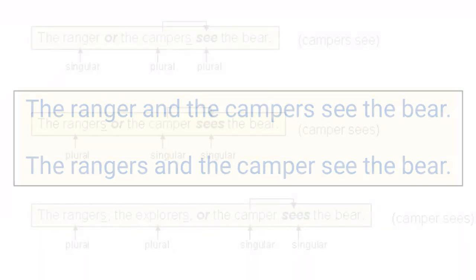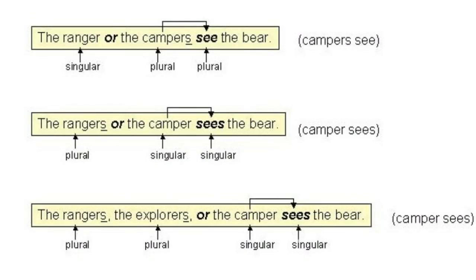But look at these sentences. The ranger or the campers see the bear. Campers see the bear. Why? We should consider the subject which is near the verb. There are two subjects in this sentence, isn't it?